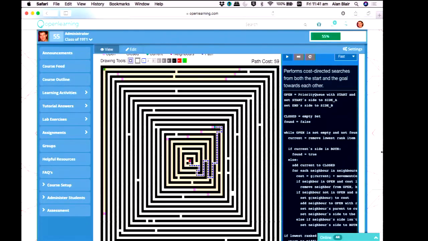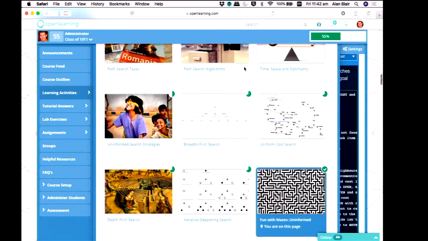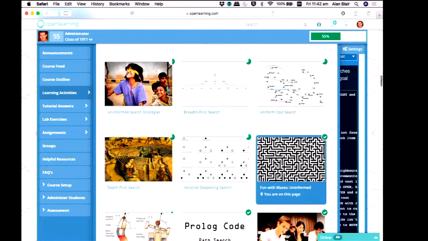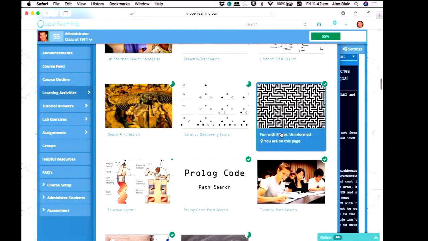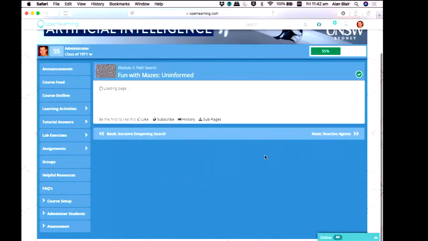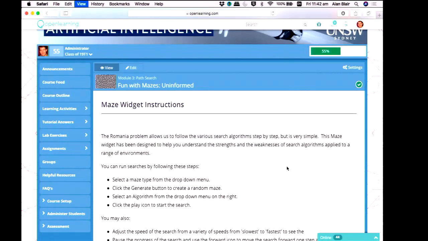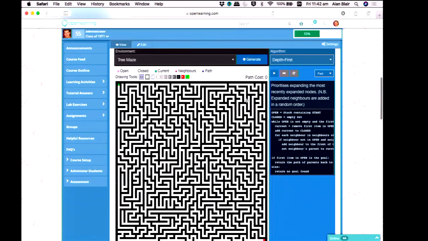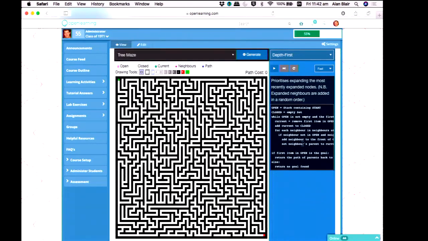Good, so I think we need to start again. First of all, click on Learning Activities and go to the week 3 module. We've created this widget called Fun with Mazes, and I strongly encourage you to go and have a look at this. There are 2 versions of this.